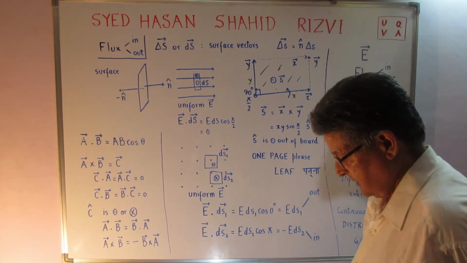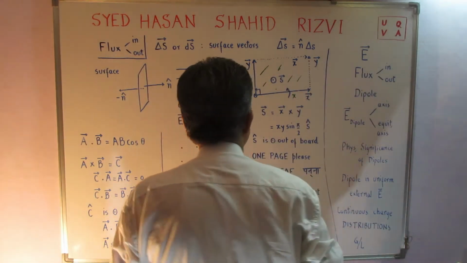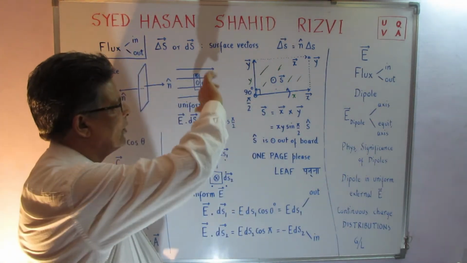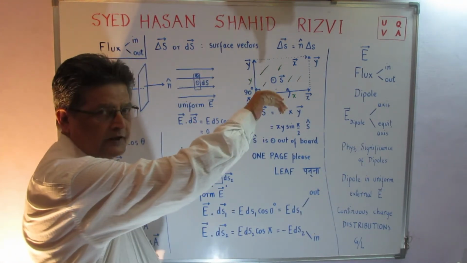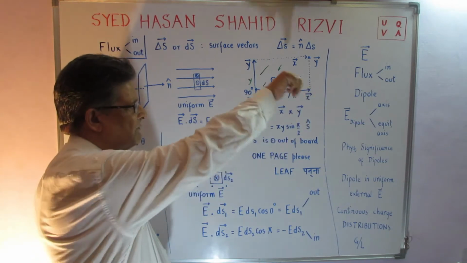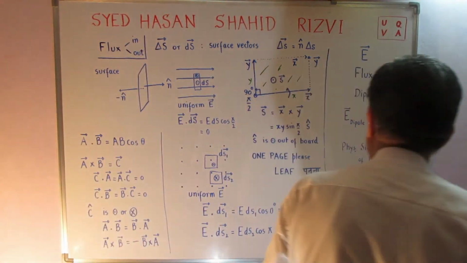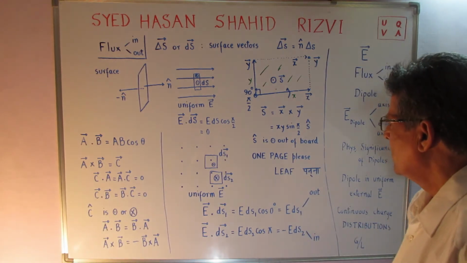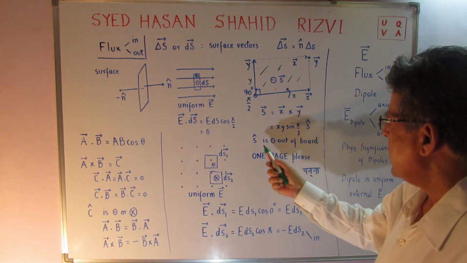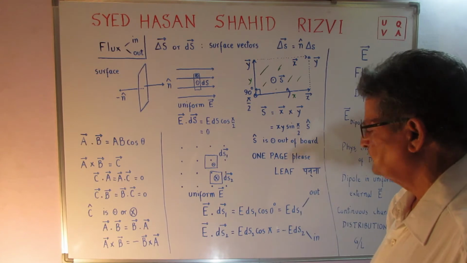Well, if we do otherwise, y cross x, then you can see that the thumb will go inside, and that is the direction of the new vector. Here, s is out of the board.